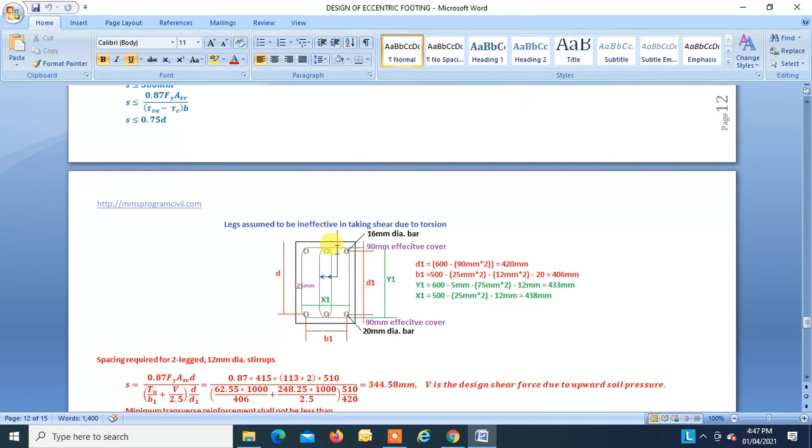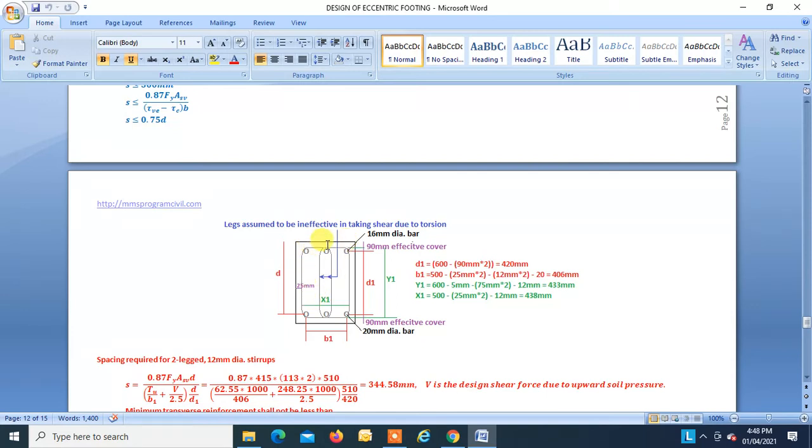So the steel on the periphery will only take active part in resisting the shear, whether it is this vertical leg, horizontal leg, vertical leg, horizontal leg, or the longitudinal bars on the outer periphery, or the face bars on the outer periphery. This steel will only play an active role in taking the shear due to torsion.